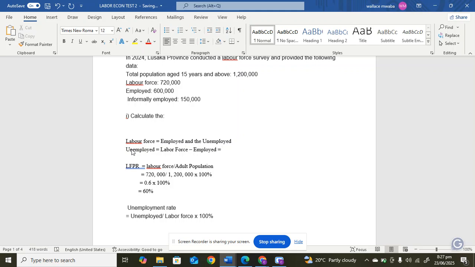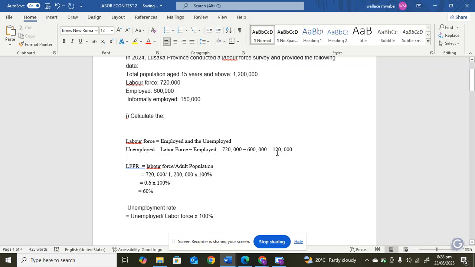So our labor force is 720,000. The employed are 600,000. So 720,000 minus 600,000, you get 120,000 unemployed people. All right.